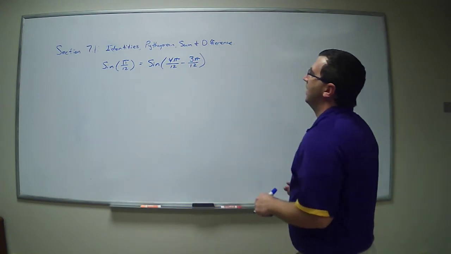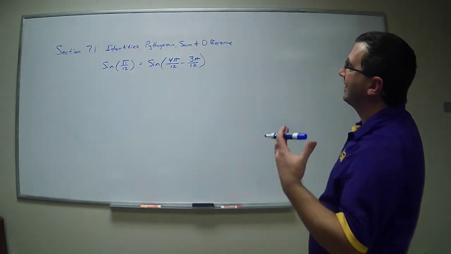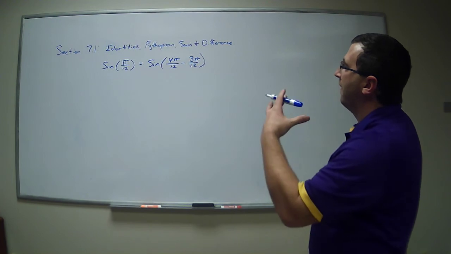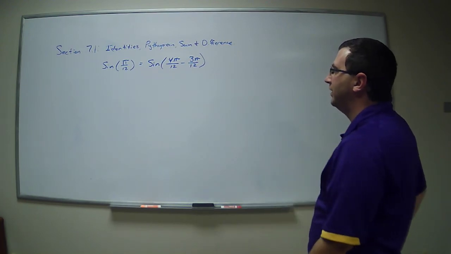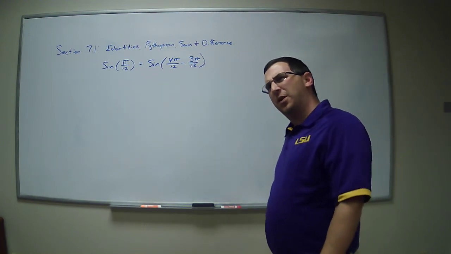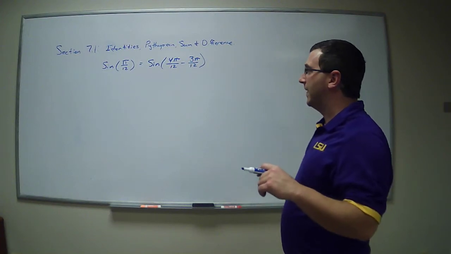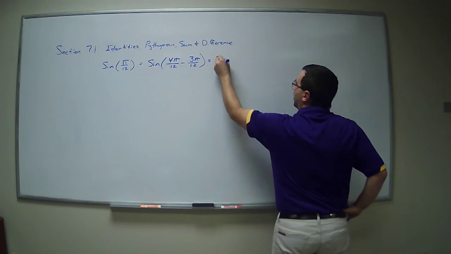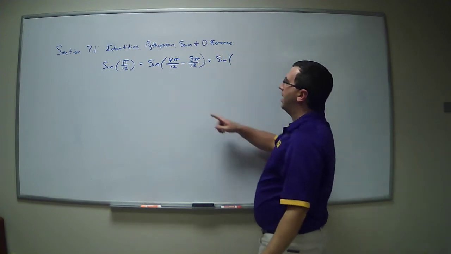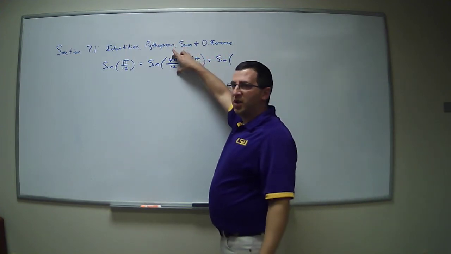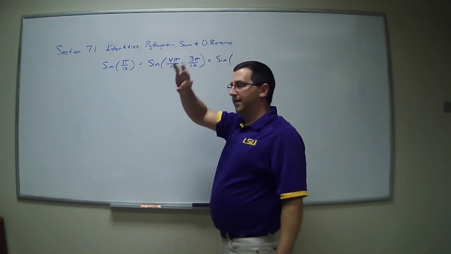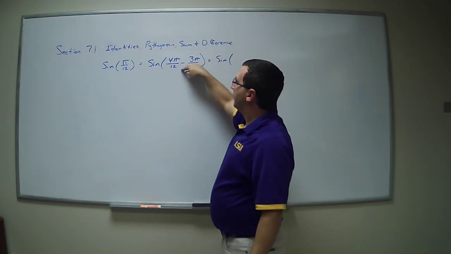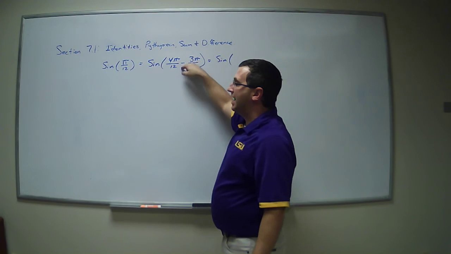Nothing? Okay. So, to simplify that, 4 pi over 12 and 3 pi over 12, we really don't have those in our unit circle. But if we simplify it, then actually we do. So 4 pi over 12, 4 goes into 12 how many times? 3. So that means 4 pi over 12 can be reduced to pi over 3.